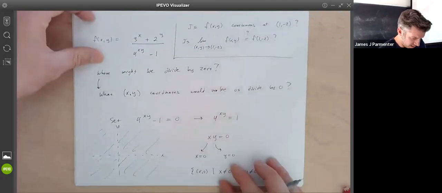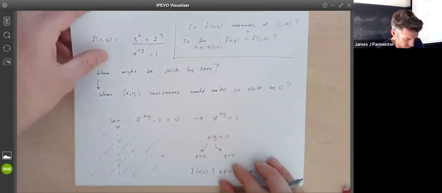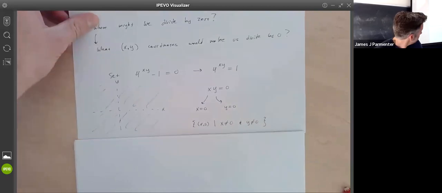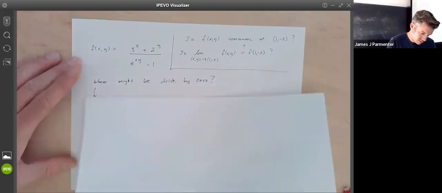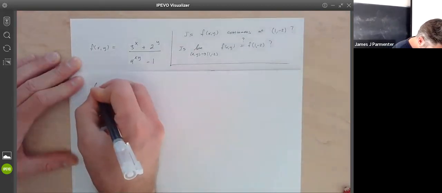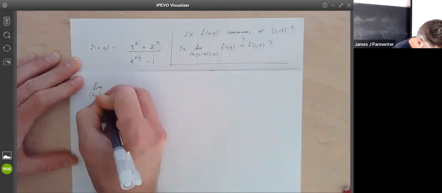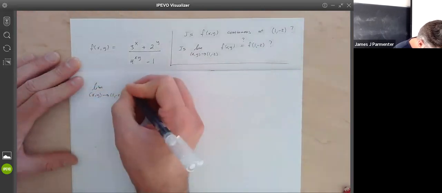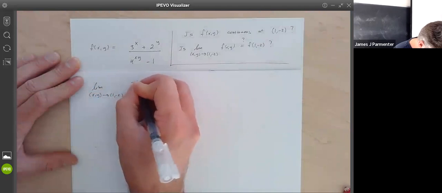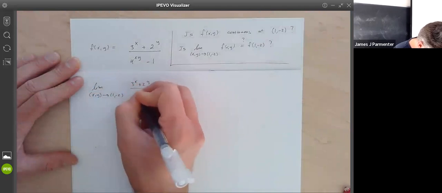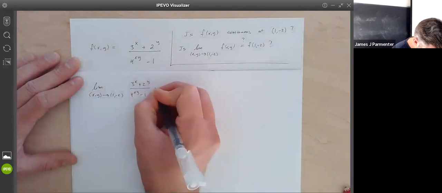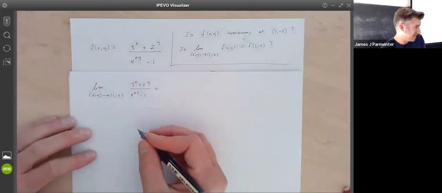So, kind of running out of room here, but what I'm trying to say is the limit as x, y approaches 1, -2 of this function, 3 to the x plus 2 to the y over 4 to the xy minus 1. I'm just going to plug in 1 and -2, and I'm going to get something real.